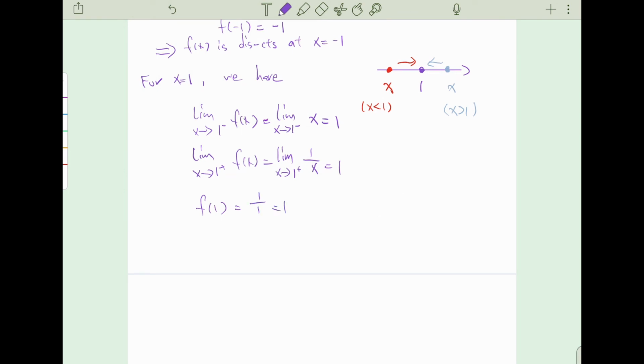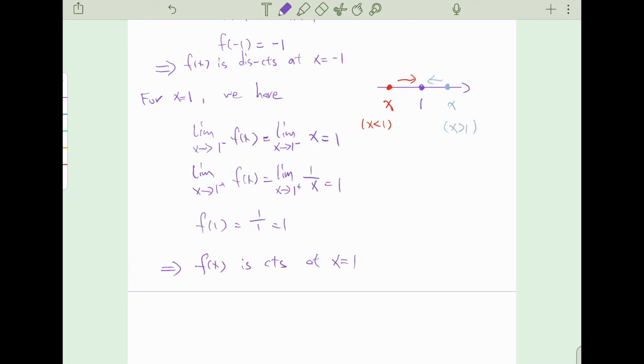Now you see that the left limit is equal to the right limit, which is also equal to the value of the function. They're all 1. So we conclude now f of x is continuous at x equal to 1. Okay, so that is by the definition.